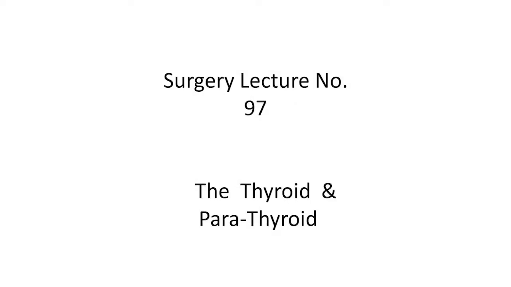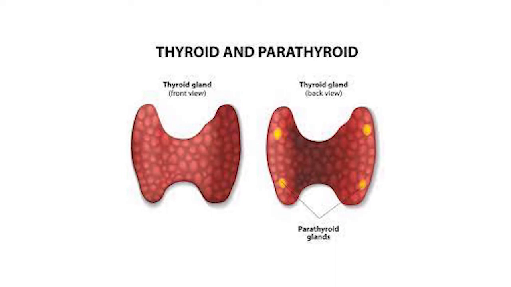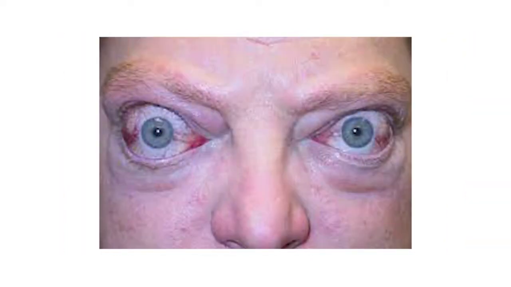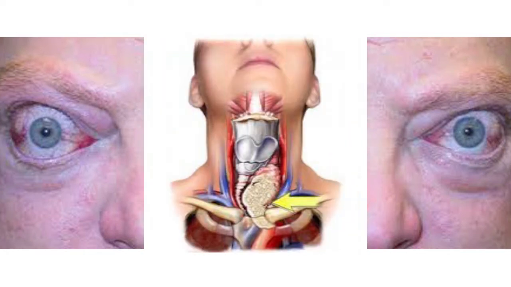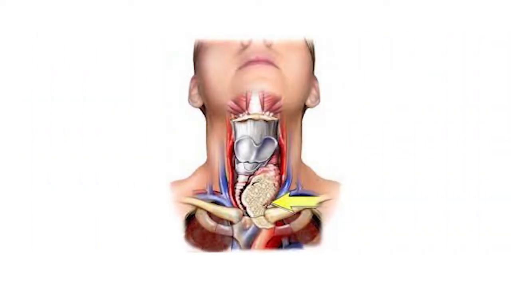Welcome, dear students, to my surgery lecture number 97, that is the thyroid and parathyroid. In this lecture, we will explore the embryology of the thyroid and parathyroid, anatomy, nerve supply, physiology and hormone synthesis, effect of the thyroid hormone, feedback mechanism of the thyroid secretions, assessment of the thyroid function, goiter, simple goiter, diffuse hyperplastic goiter, toxic goiter, Graves' disease, treatment, that is the conservative and surgical treatment of the thyroid and parathyroid disease, post-operative complications, thyroid crisis or storm, tumors of the thyroid, thyroiditis, hypothyroidism, parathyroid embryology, anatomy and physiology, hyperparathyroidism and hypoparathyroidism.